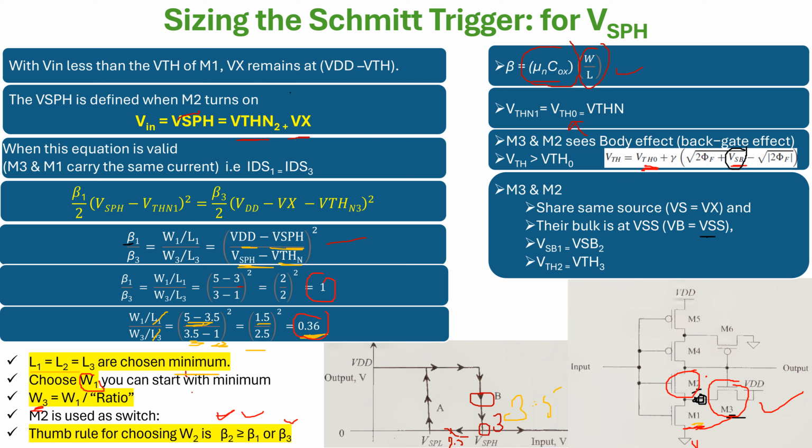So now we are able to find the W values of M1, M3 and M2 for a given VSPH.